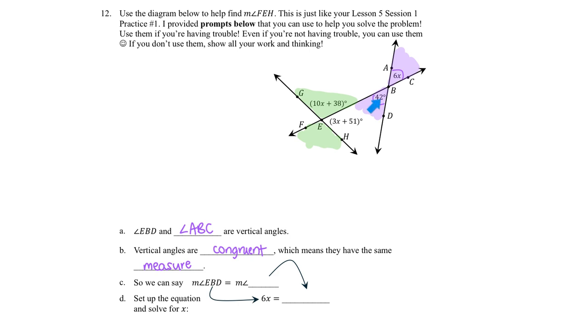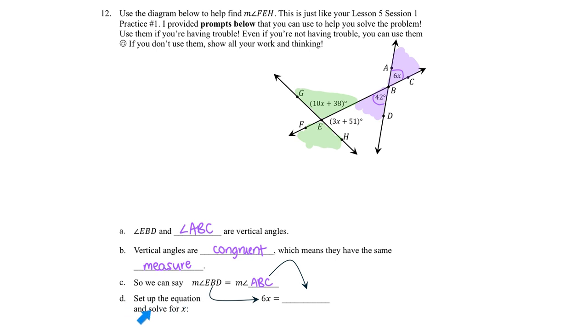All right, so if I know these are the same measure, I can say the measure of angle EBD equals the measure of angle ABC. So I can say that these two, their measures are equal, and I can put that in an equation.